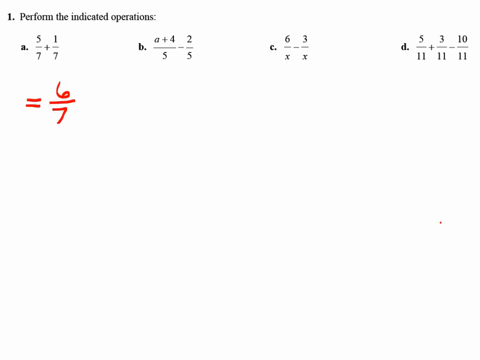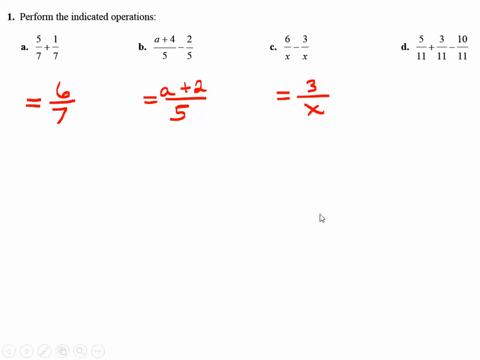All right, a plus 4/5 minus 2/5. How do we do this one here? Well, common denominator 5. And then we look at this little a minus, there's no a over here. So a minus nothing would still be an a over here. And then with the numbers themselves, 4 minus 2 is just a 2. All right, looking at this one here, again, x is my common denominator on the bottom, and 6 minus 3 is a 3.